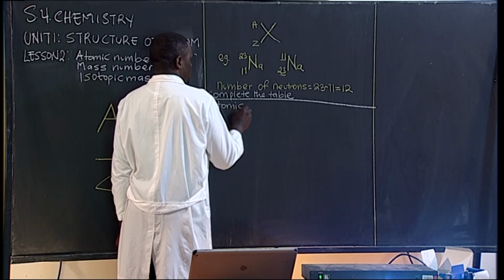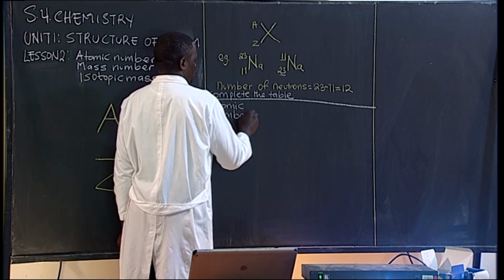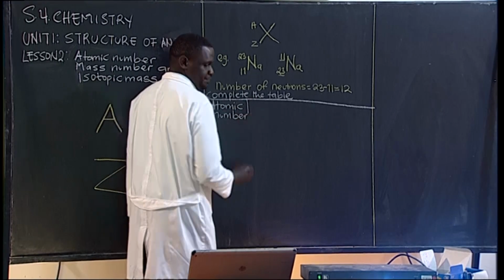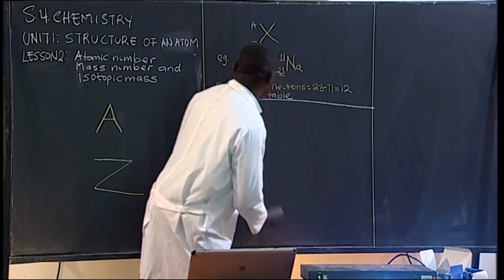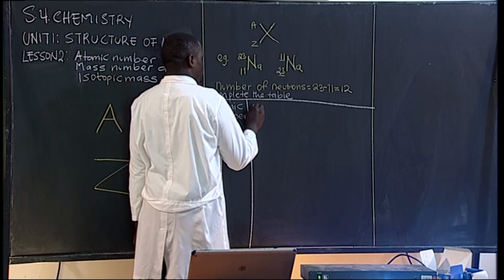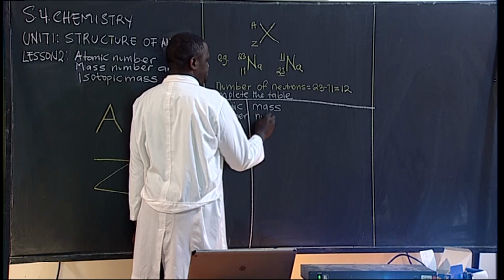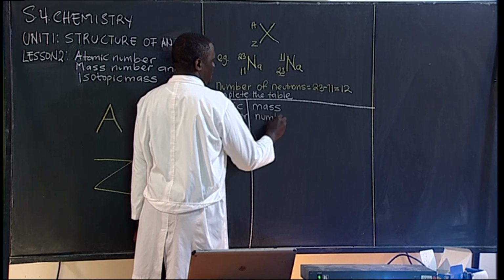Let's use freehand only, because using a ruler will waste a lot of time. So we have also mass number.